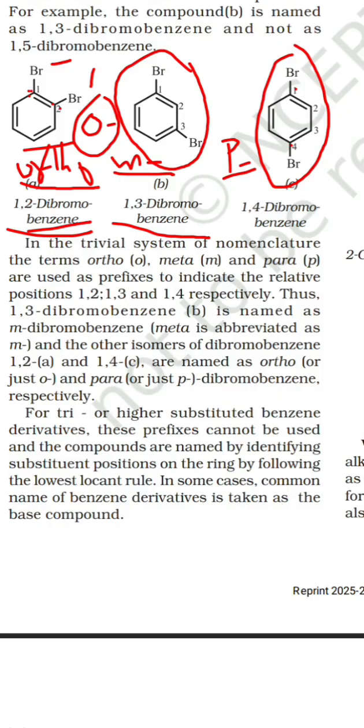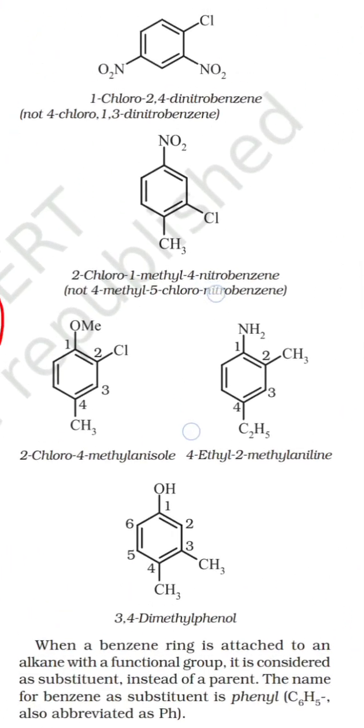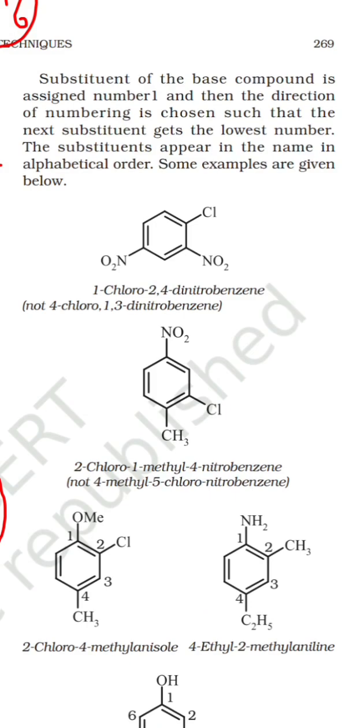If more than 2 substituents are there, then we need to follow certain rules. Here three substituents are there. So here chloro dinitro. Chloro means C. Alphabetical order we need to follow. That means chloro, C, gets the first number.